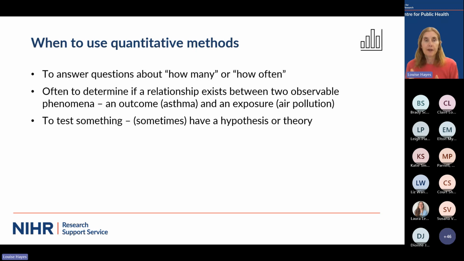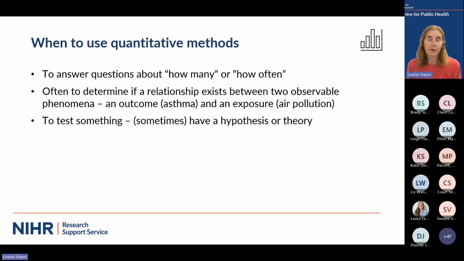As I said previously, we use quantitative methods when we're answering questions about how much of something, or how many of something, or how often something happens. We'll often want to explore whether there's a relationship between two things that we can observe.